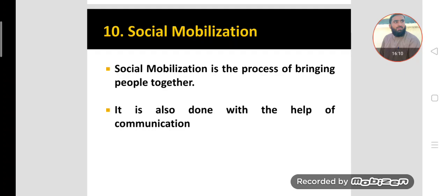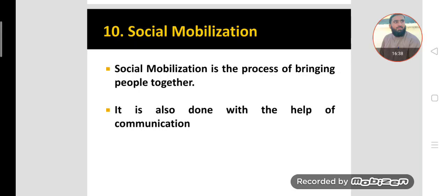This is called social mobilization, okay? To bring people together, to give them a common goal or common idea, to inform others, to give them information, to make them aware and to convince them. This is called social mobilization. It is also done with the help of communication.